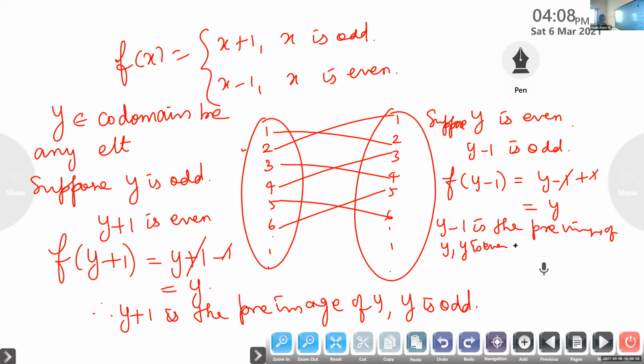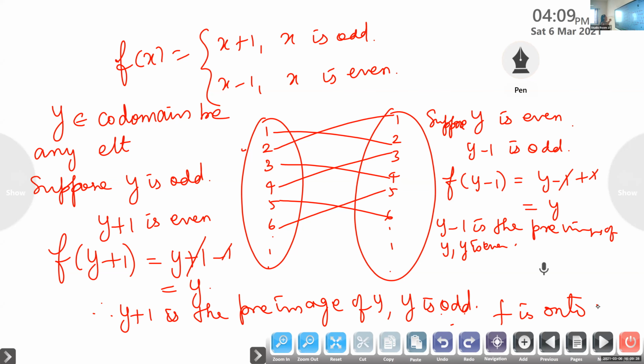So in both the cases, when y is odd or y is even, we have a preimage. Therefore, f is onto. In both the cases, preimage exists. Therefore, it is onto. Is it okay? If you draw this figure, from this figure you can understand and you can write it.